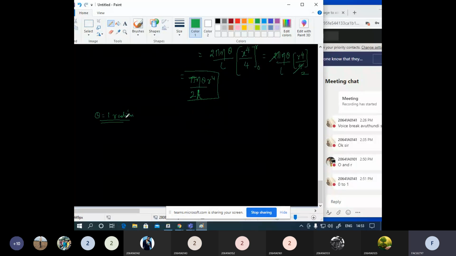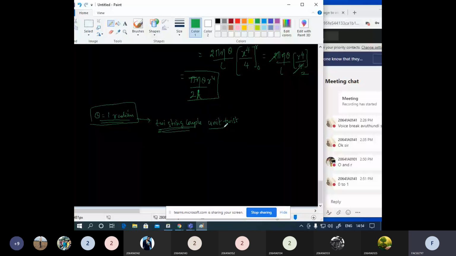To get the twisting couple per unit twist, if you take theta equal to 1, you will get the twisting couple per unit twist.